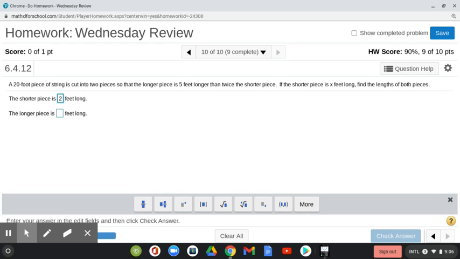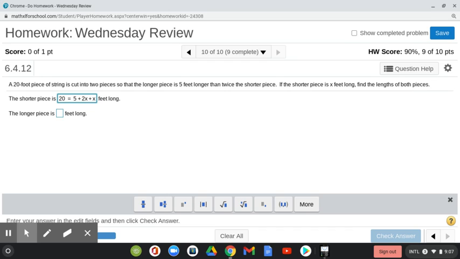So you have 20 feet, and you have 2 pieces of string. The longer piece, which is not x, is 5 feet longer, so 5 plus 2 times the shorter piece. X is the shorter piece, and that's the longer piece. So I want to add the shorter piece to it, so that's just plus another x.